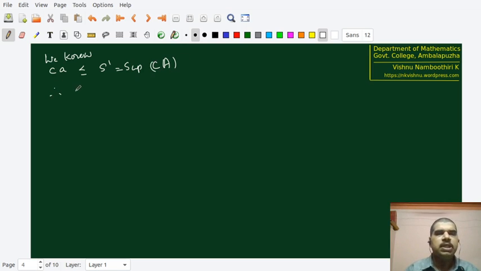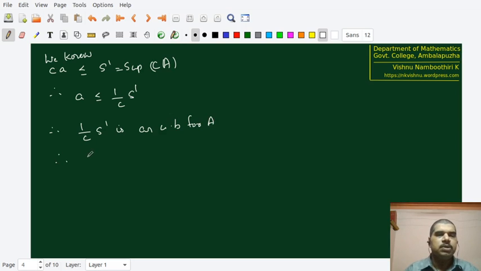Therefore, since C is greater than 0, we can multiply by 1 by C on both sides without changing the direction of the inequality. Therefore, a is less than or equal to 1 by C times S prime. Therefore, 1 by C times S prime is an upper bound for A, since a is arbitrary.